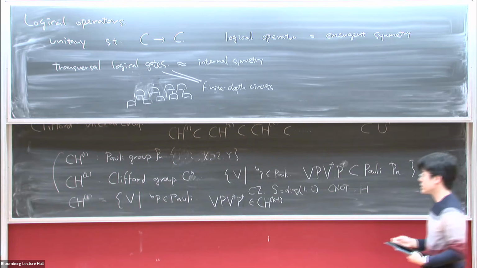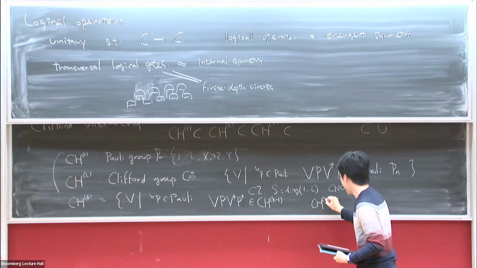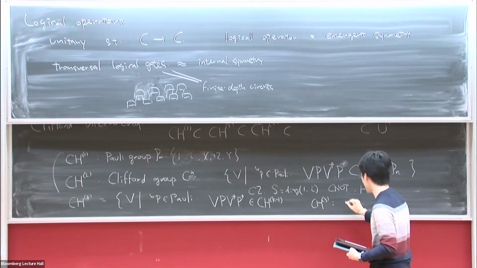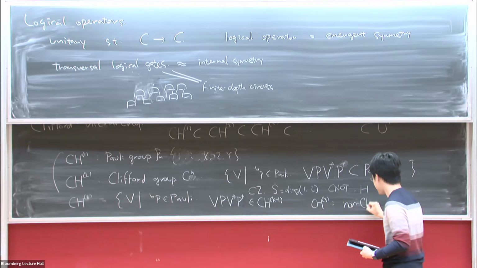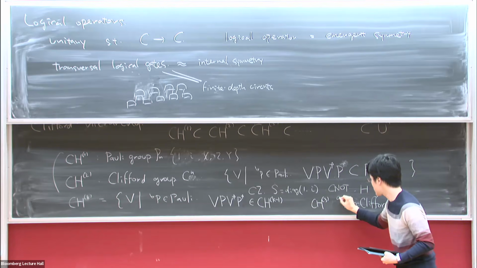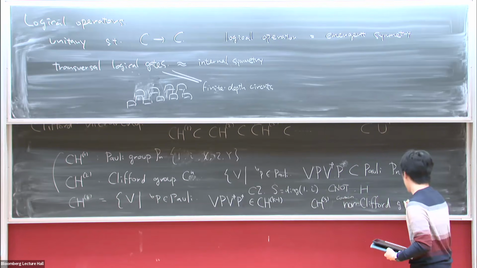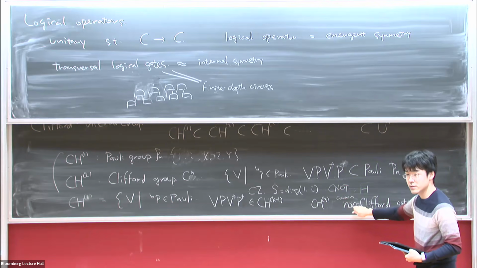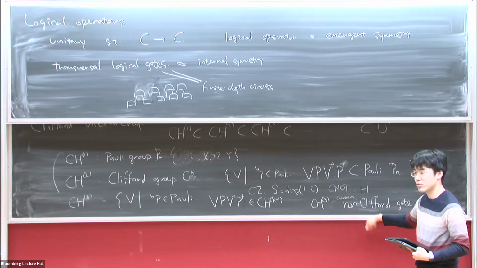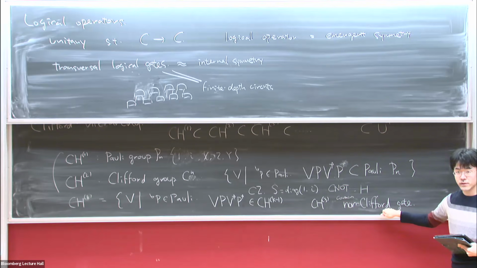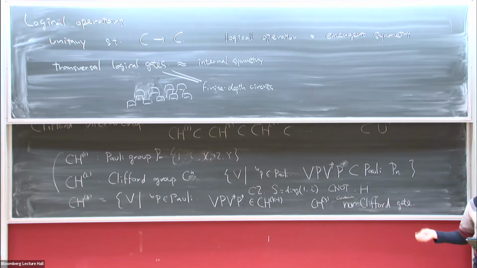For instance, class 3 starts to contain the so-called non-Clifford gates. As I motivated a bit earlier, this turns out to be very important when we define the universal gate set. In particular, we always need at least a single non-Clifford gate to get a universal gate set.